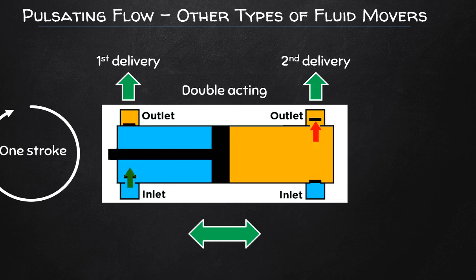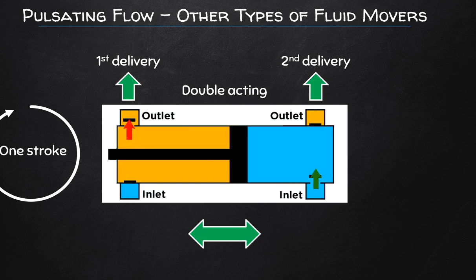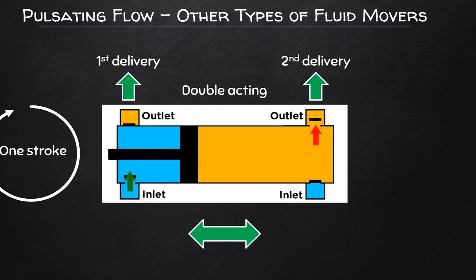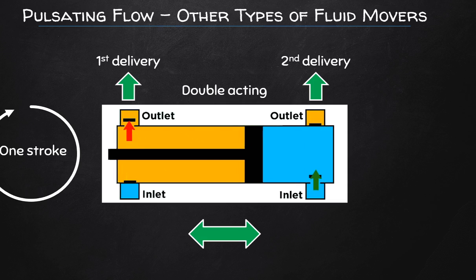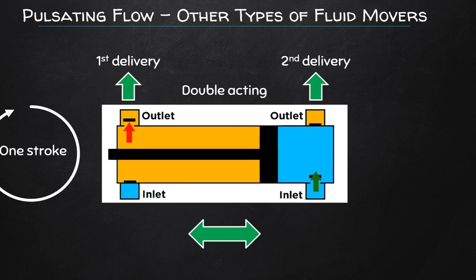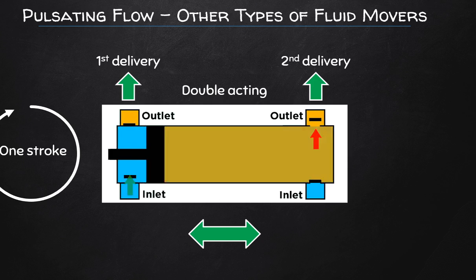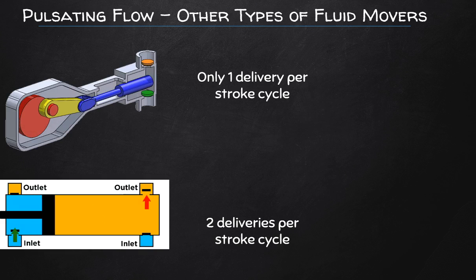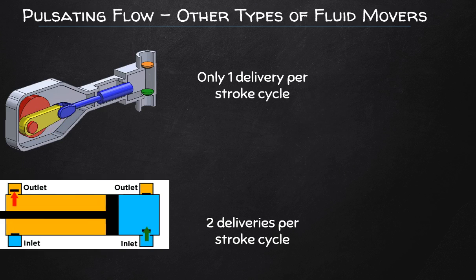So how much volume per stroke? In one stroke you can deliver 2 volumes, whereas with a single acting piston pump, in one stroke you can deliver 1 volume. So this is obviously going to be slightly better, but obviously the pulsating action is still there.